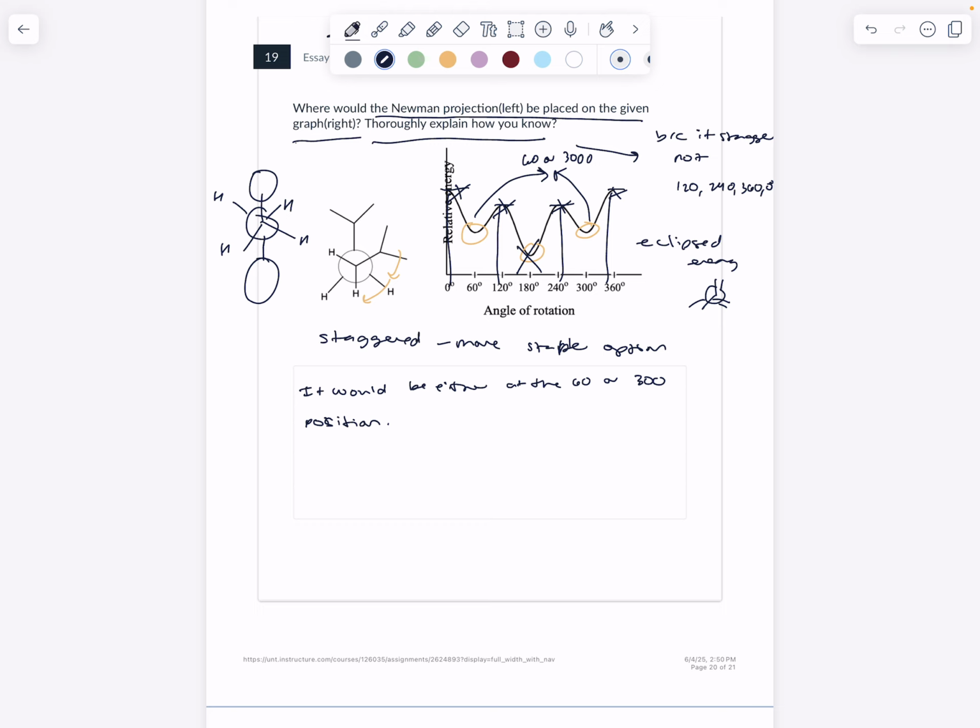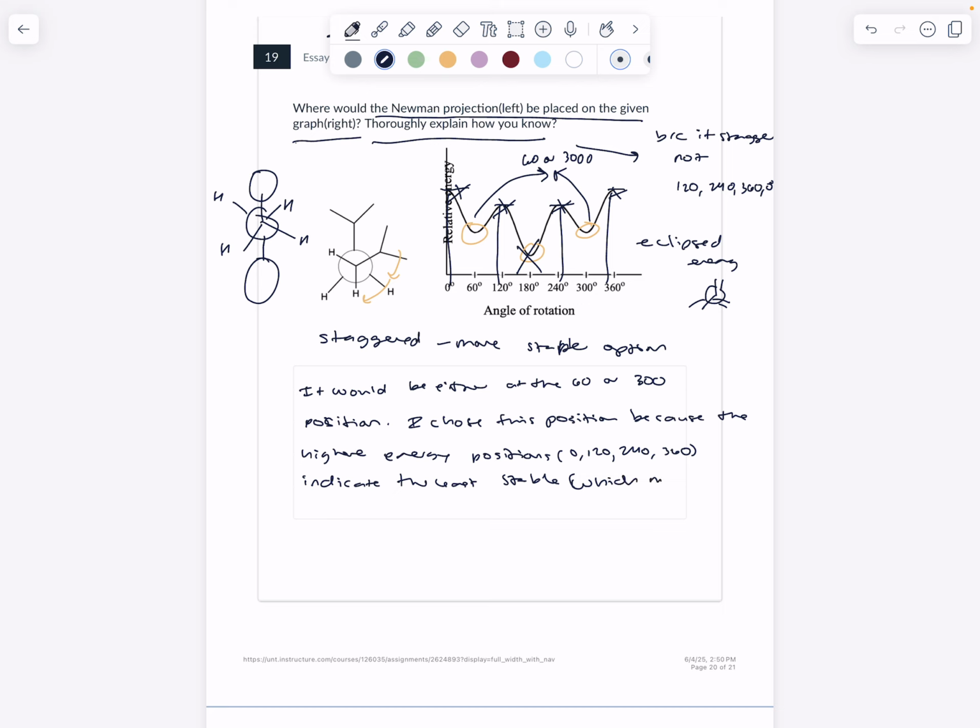So for those, the next thing I would say, I chose this position because the higher energy positions, 0, 120, 240, 360, indicate the least stable conformations, which must be eclipsed positions.